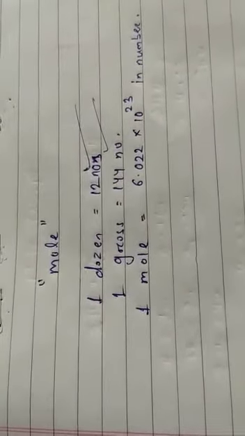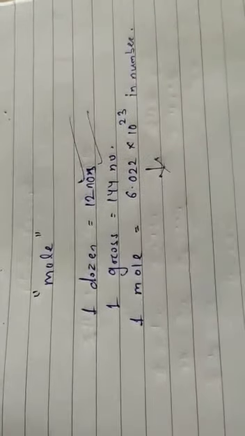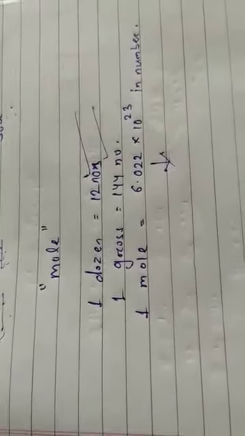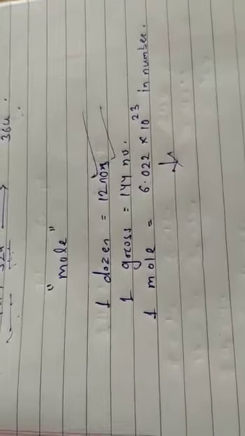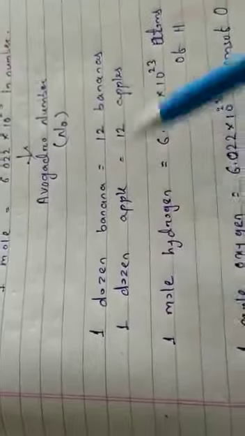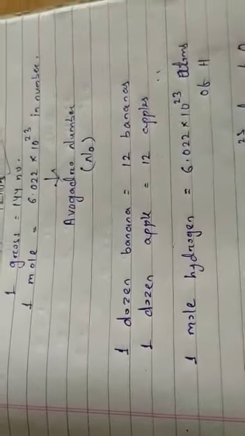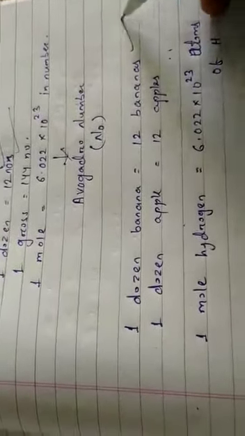This number is called the Avogadro number because it was introduced by Avogadro, and it is represented by N0. Like 1 dozen bananas equals 12 bananas and 1 dozen apples equals 12 apples, but it is not fixed that the 12 bananas and the 12 apples will have the same mass.